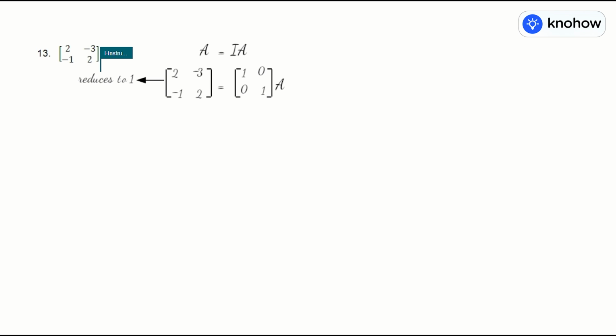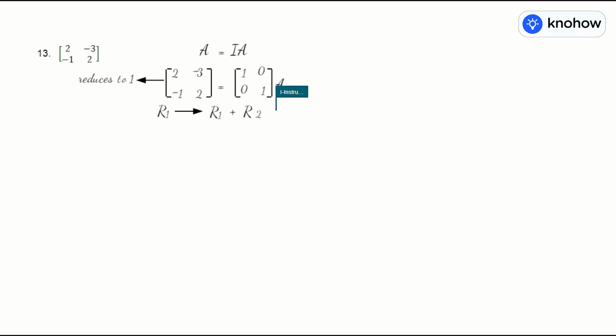It is very simple. If to 2 you add 1 times the minus 1, you get 1. So the first step is that you replace R1 by R1 plus R2.